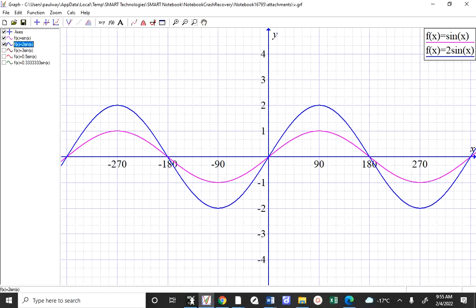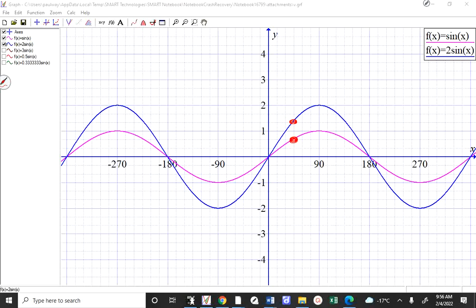And if you were to take any point, say this one, and look at the y-coordinate and double that y-coordinate, then you're going to get the new y-coordinate. So this is a vertical stretch by a factor of 2. I just want to make sure everybody sees that it's a vertical stretch. And since it's twice as tall, it's by a factor of 2. Is that ringing true to you?